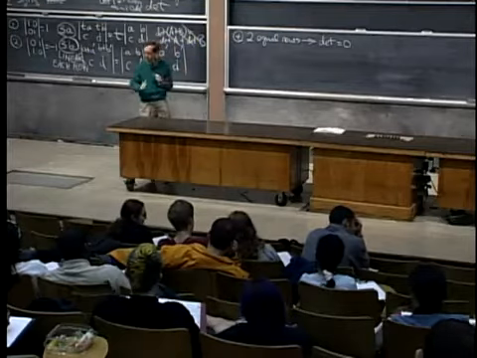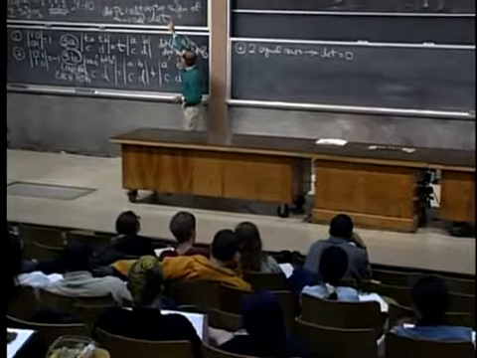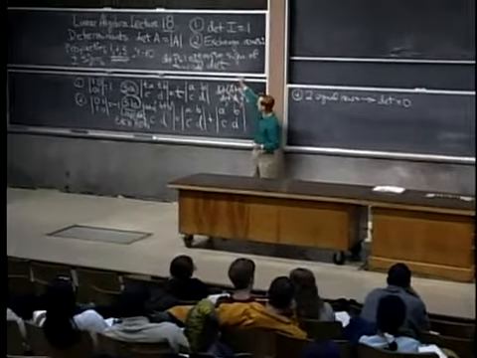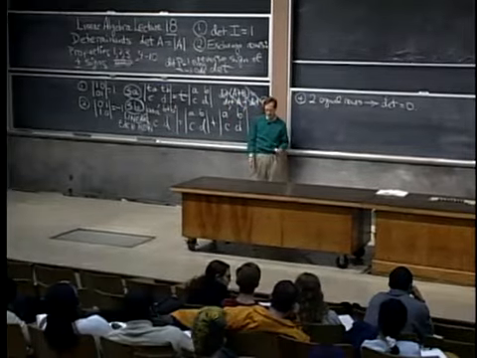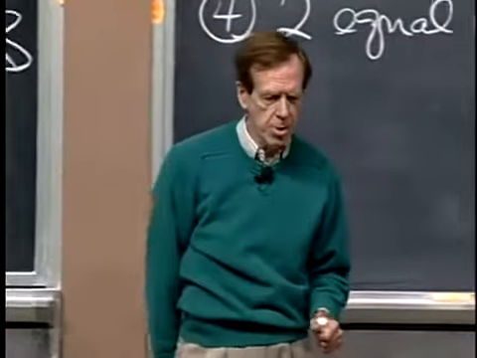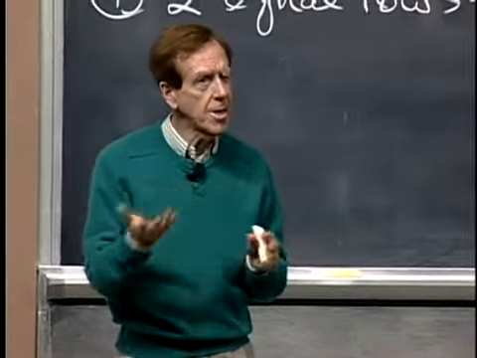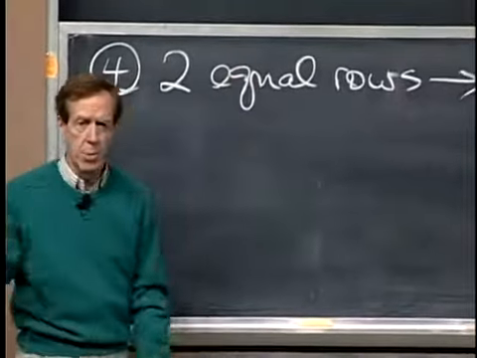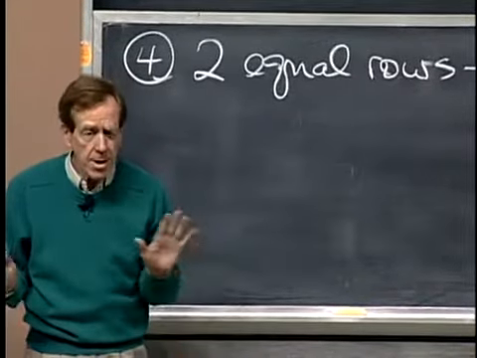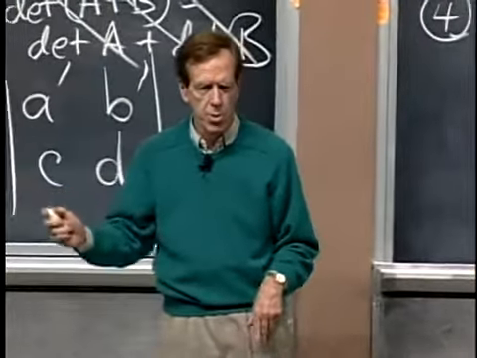And all I have to work with is these properties: the exchange property, which flips the sign, and the linearity property, which works in each row separately. Can you see the reason? How do I get this one out of properties 1, 2, 3? Because that's all I have to work with. Everything has to come from properties 1, 2, 3.